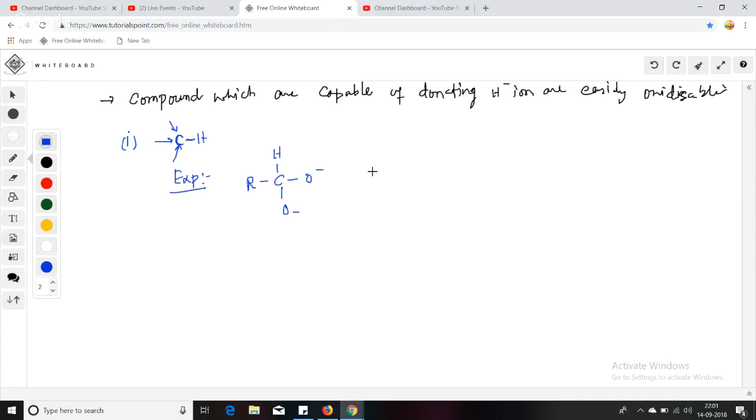One compound is this, and another one is R C H O H and O minus. How do we get these? You can understand that from the mechanism of the Cannizzaro reaction, when the hydride ion H minus comes out from the base.